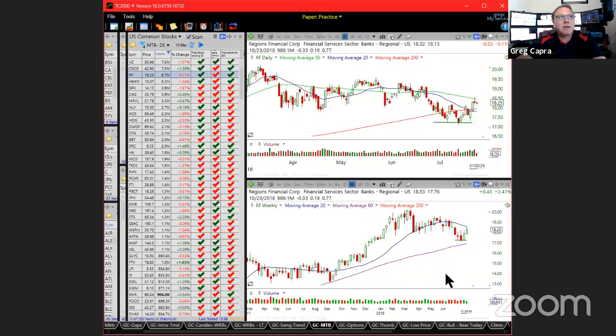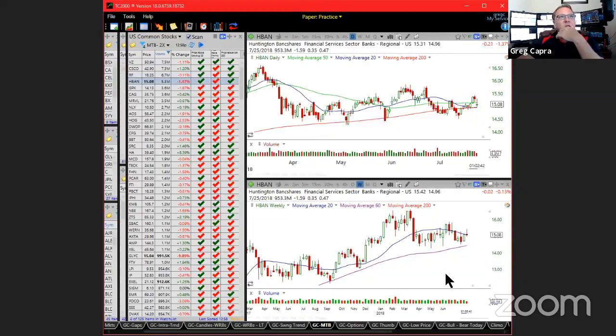Those check marks tell me whether it's above or below certain moving averages. RF, nope. I know there wouldn't be any premium below $17, because lower price ones just tend not to have it, and it's a bank. This one has possibilities, but it's a lower price one, and earnings are probably today, either came out or tonight.